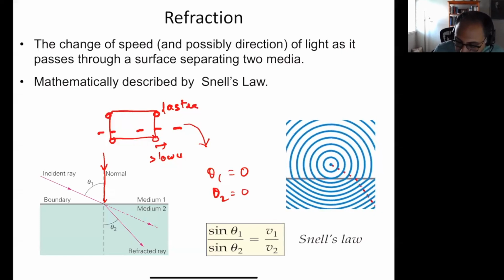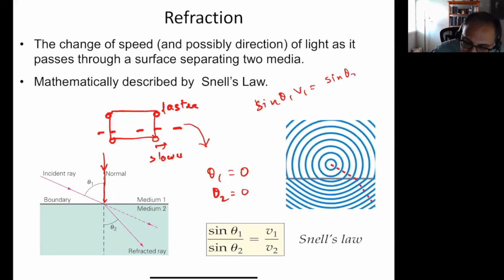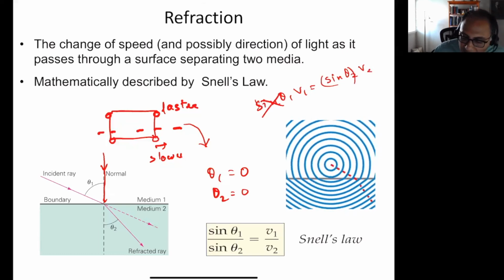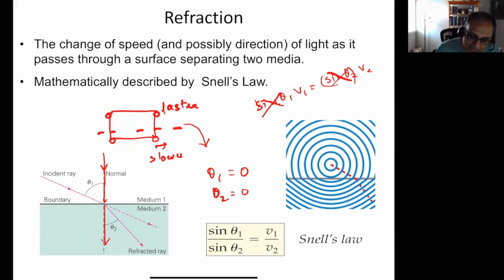If θ1 is 0, then θ2 will also be 0, because sine θ1 times v2 is equal to sine θ2 times v1. So if θ1 is 0, you know that v1 and v2 are not 0, so sine θ2 must also be 0. So in that case, the light will just go straight through. That is the one case where you won't have a change of direction. But other than normal incidence, you will always have a change of direction.